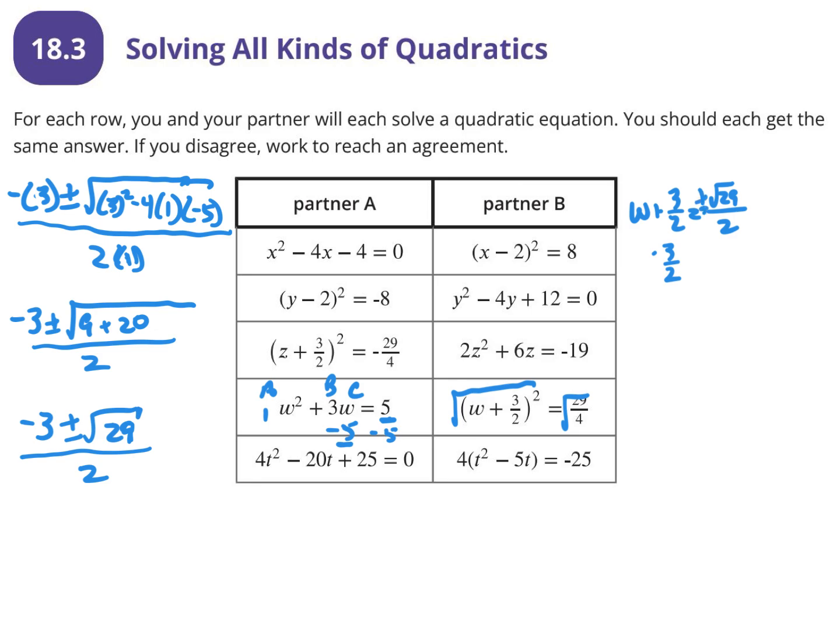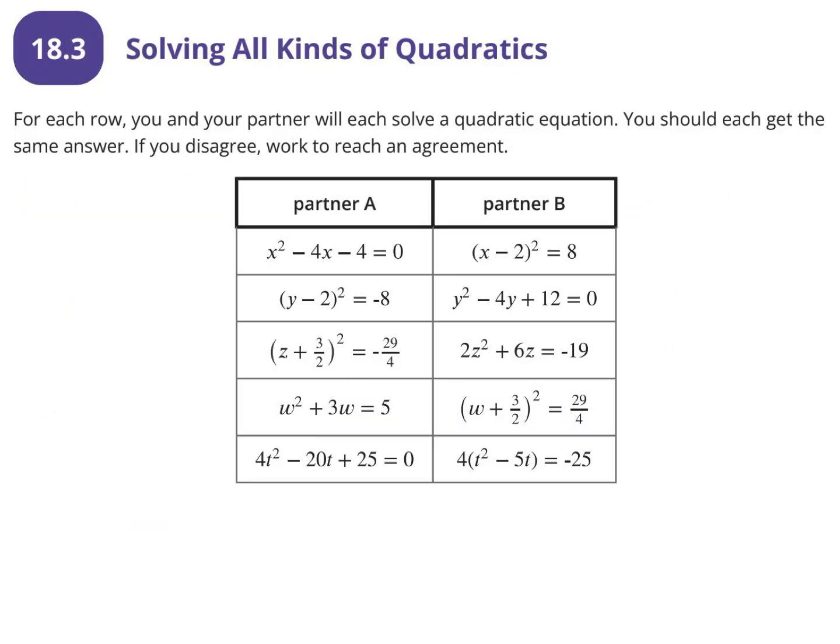I'm sorry about that. Minus 3 halves on both sides. And w is equal to -3 halves plus or minus the square root of 29 over 2, which is the same thing as the left side, because when you have the same denominator, you can separate your fractions. If you have the same denominator, you can combine the numerators.